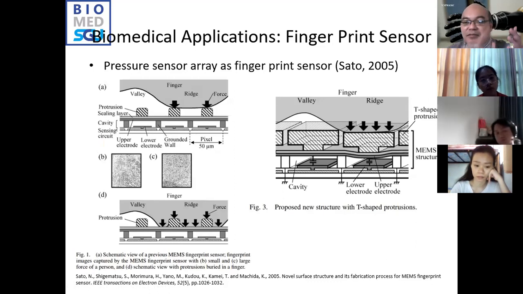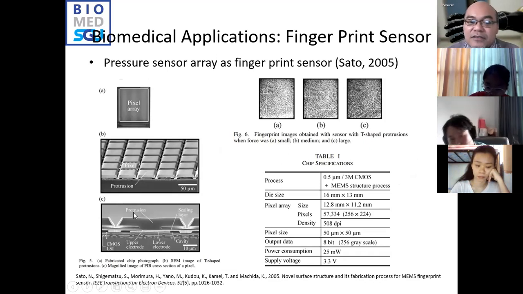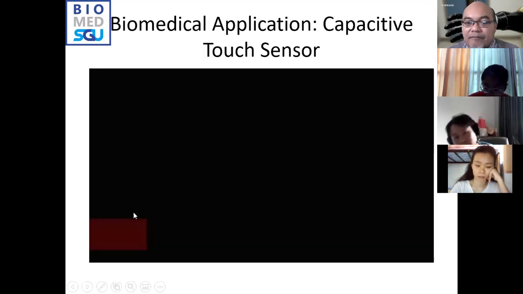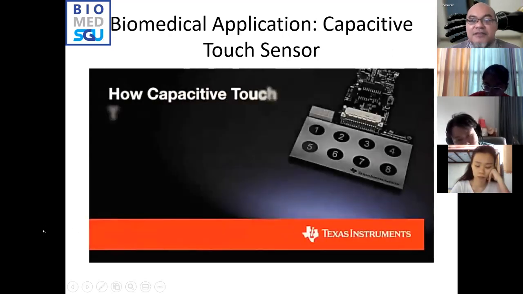It has a multiplexer on the x-axis and y-axis to measure the movement and the pressure on the screen at different locations. So here we can detect the fingerprint by the different pressure applied by the finger on the sensor array. This is an application of a capacitive touch sensor.